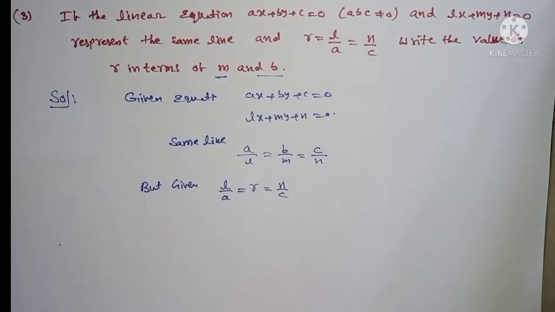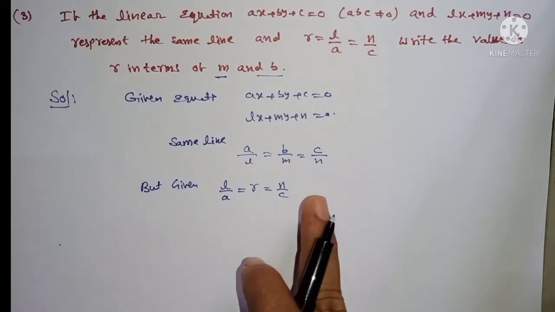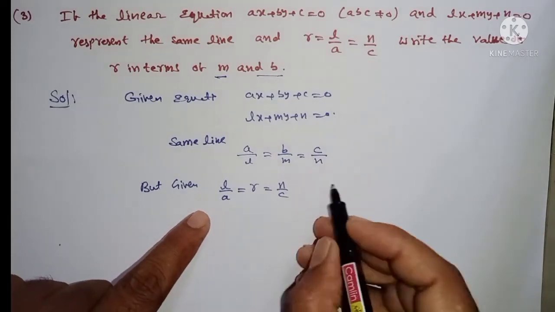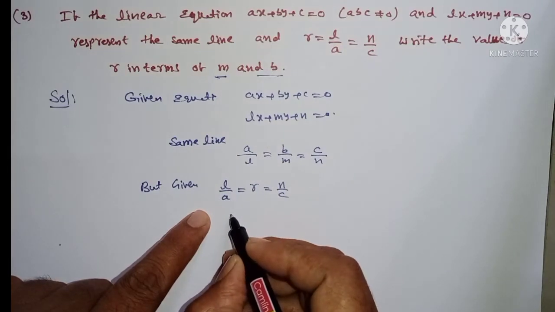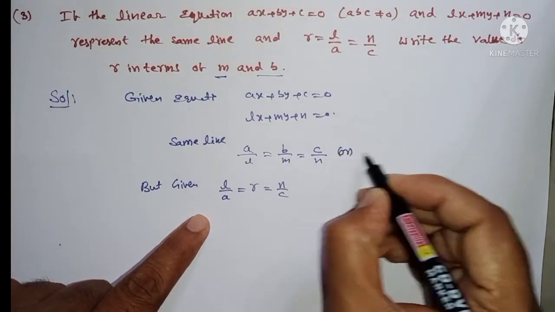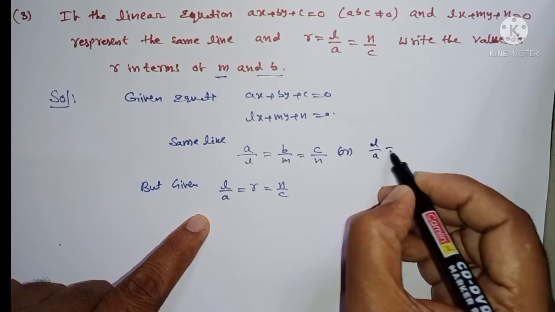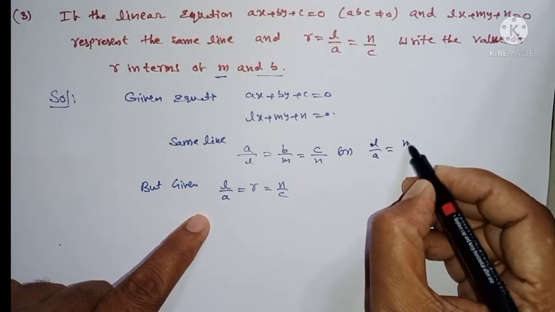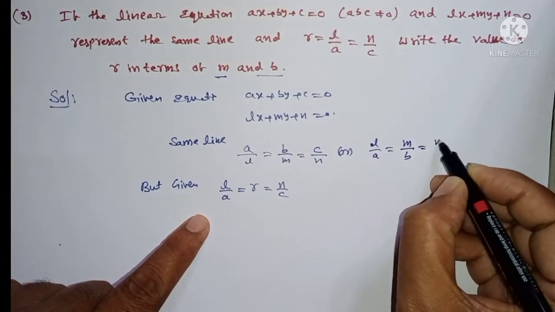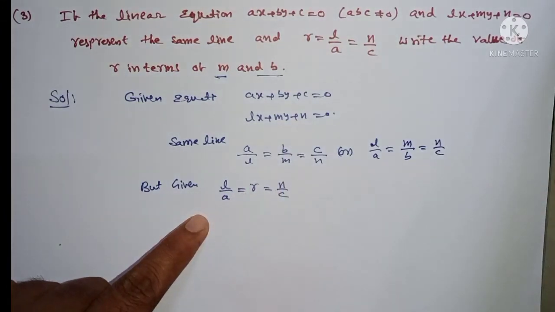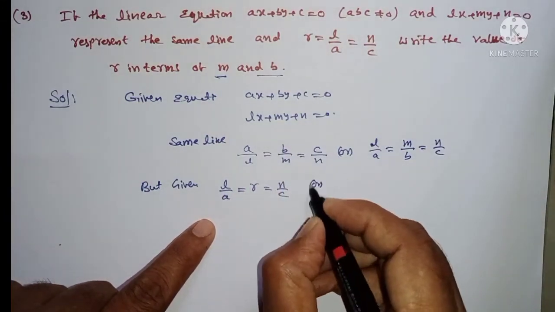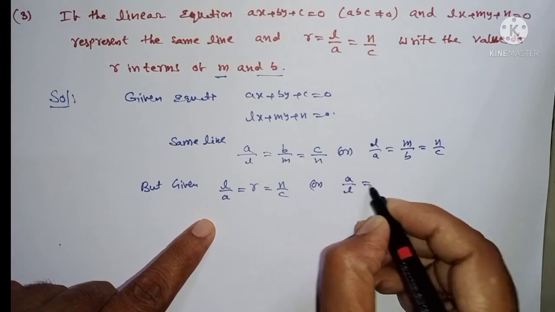Therefore I can write this as a by L, or you can write L by A, M by B, N by C, both are same here.